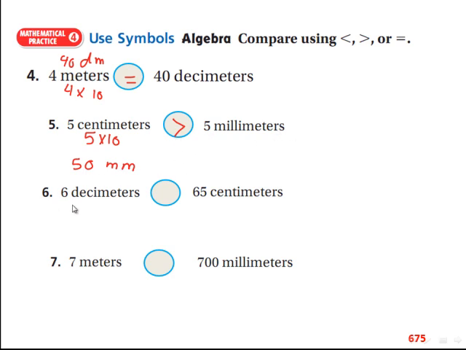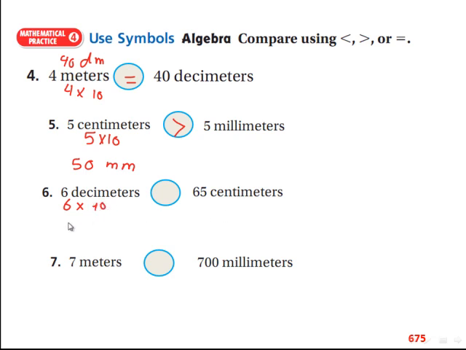Question 6 says 6 decimeters and 65 centimeters. Decimeters, centimeters. Which is a great unit? Exactly decimeter is greater than centimeter. So I'm gonna convert from decimeter to centimeter. Ask yourself, how many centimeters in 1 decimeter?